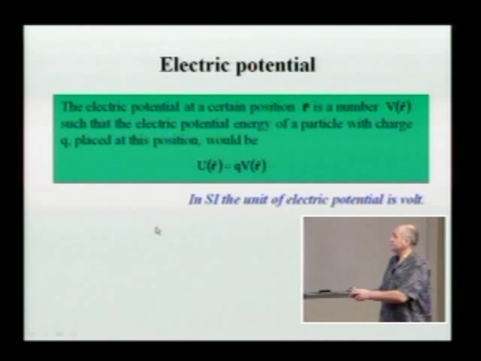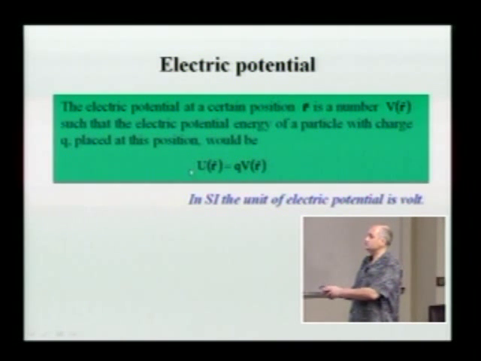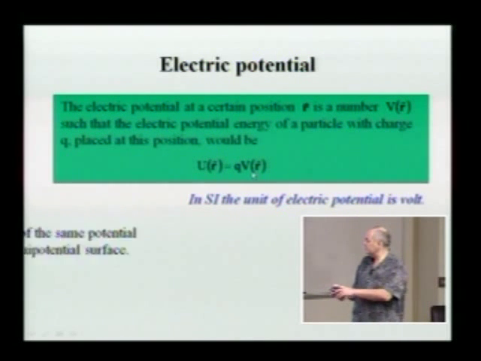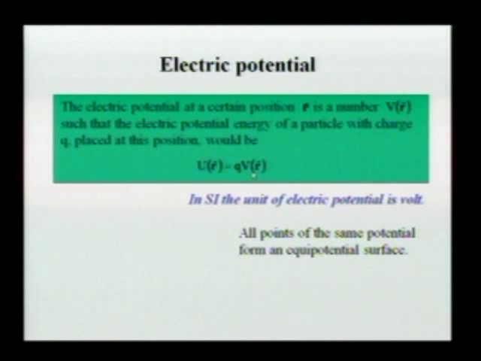Charge is measured in coulombs. Therefore, potential will be measured in joules per coulomb. So 1 volt corresponds to joule per coulomb.